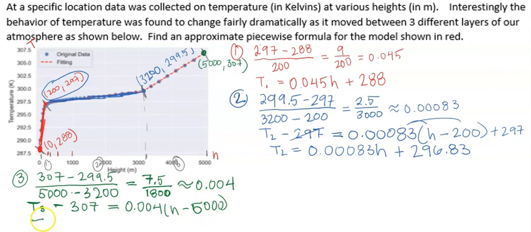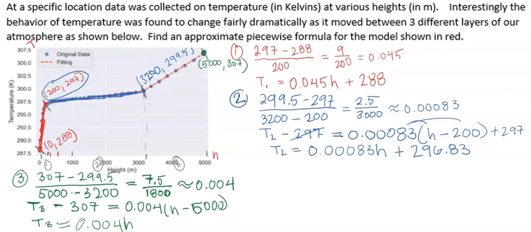Okay, so we're going to have T3. T3 equals 0.004h. Okay, there we go. And then we need to multiply the 0.004 by 5,000.